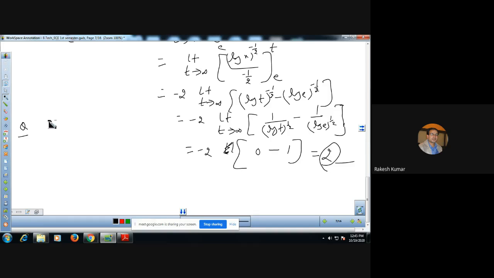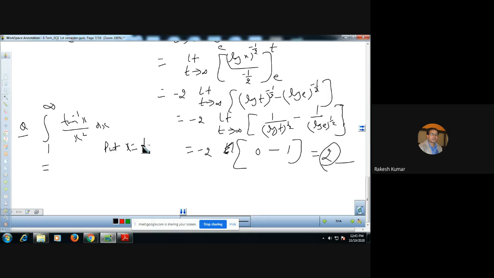You can take one more example, 1 to infinity, tangent inverse x over x square dx. Now, because the tangent inverse is involved here, if you remember the topic of integration done in 10 plus 2 class, the only method is you just need to use a substitution.